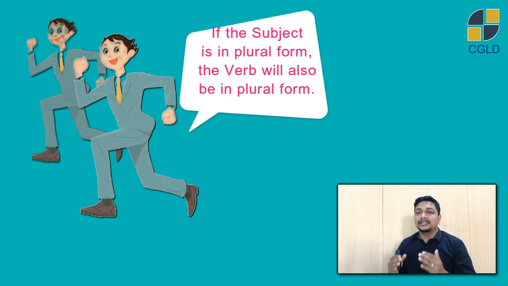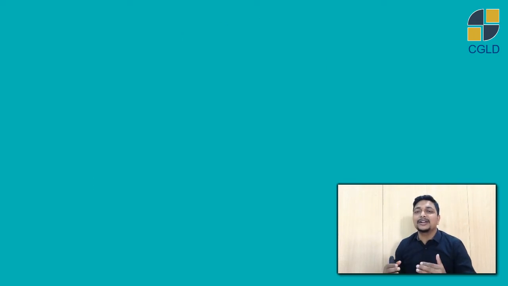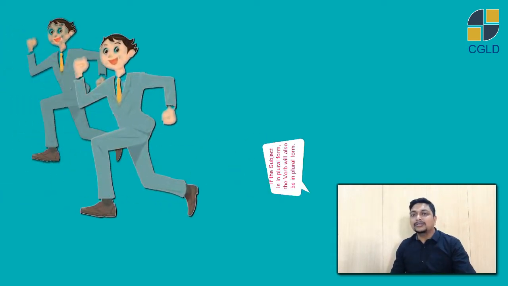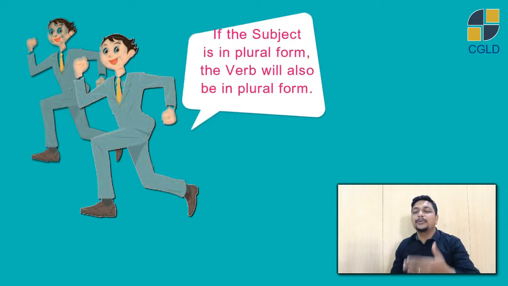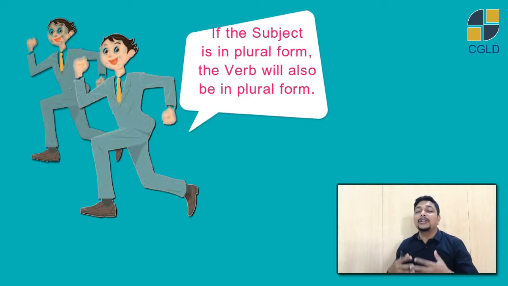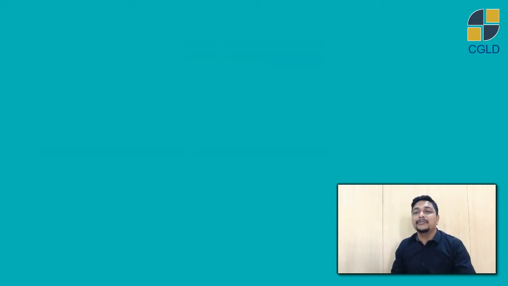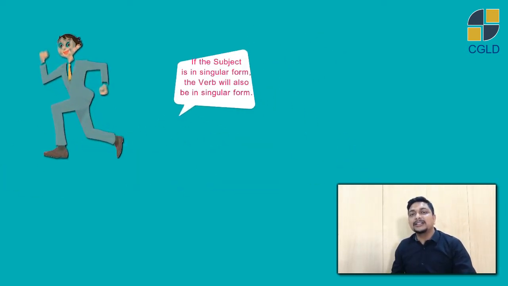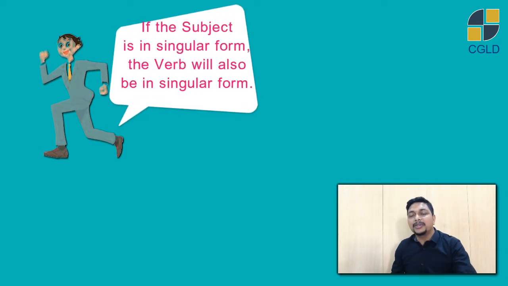You need to just register these things in your mind right now. So, if the subject is in plural number, the verb will also agree with its plurality. So the verb will also be in plural form. But if the subject of the sentence is in singular form, then the verb will also agree with its singularity and it will also appear in the sentence as a singular form.